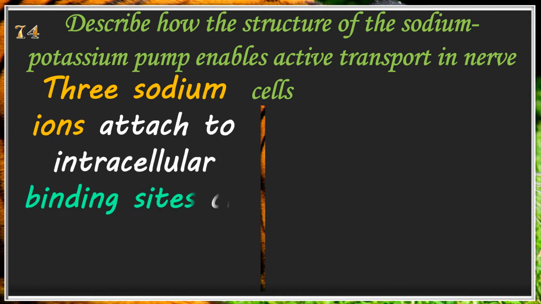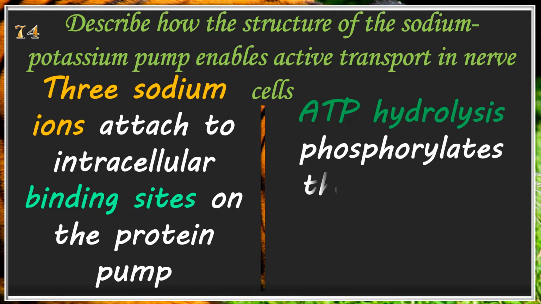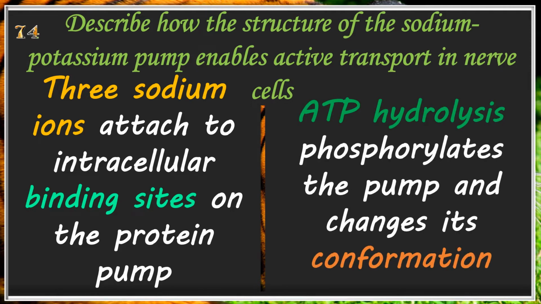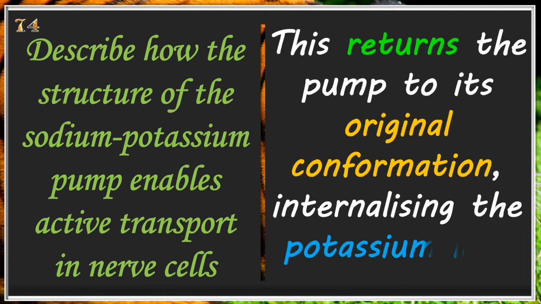Now 3 sodium ions attach to the intracellular binding sites on the protein pump, and the ATP is hydrolyzed, phosphorylated the pump, and changes its conformation. Now, this returns the pump to its original conformation, internalizing the potassium ions.